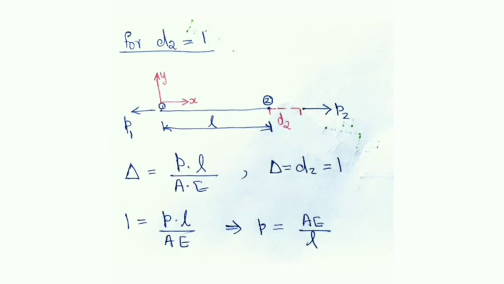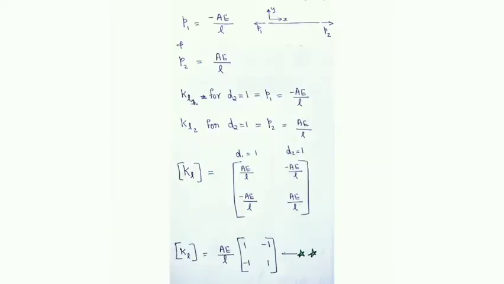Therefore 1 equal to PL by AE, and force P is equal to AE by L, which is derived from that equation. Okay. Now to get P1 and P2, P1 is acting in a direction to the negative side of local x-axis. So P1 is equal to minus AE by L and P2 is equal to positive AE by L.